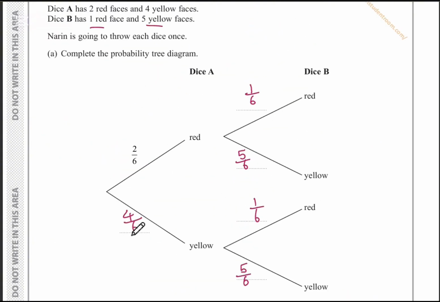I need dice A to land on yellow, and I also need dice B to land on yellow. So do I say dice A landing on yellow or dice B landing on yellow, or do I say dice A landing on yellow and also dice B landing on yellow? I have to say and, right?